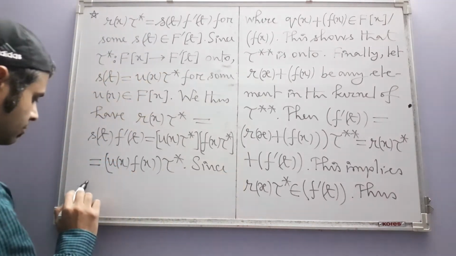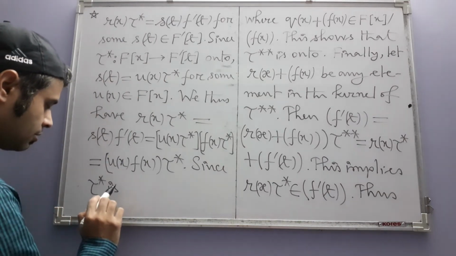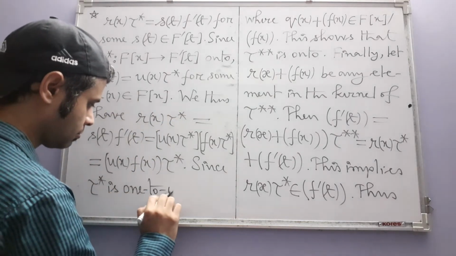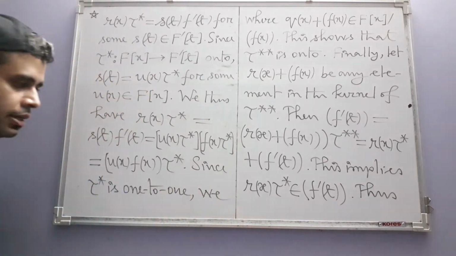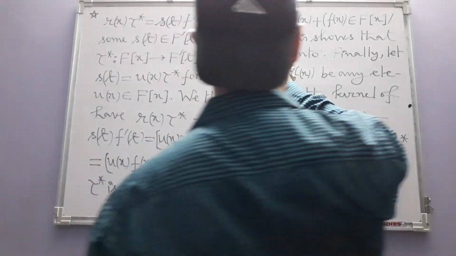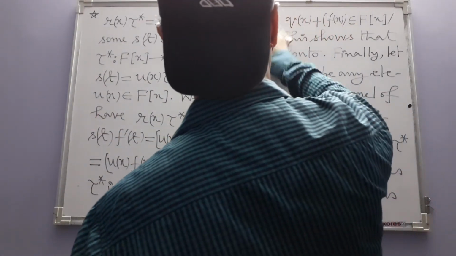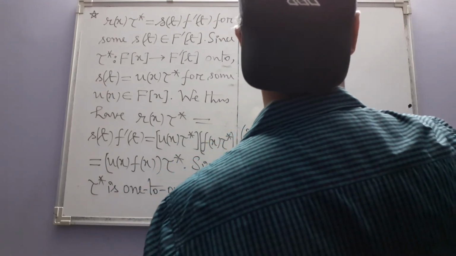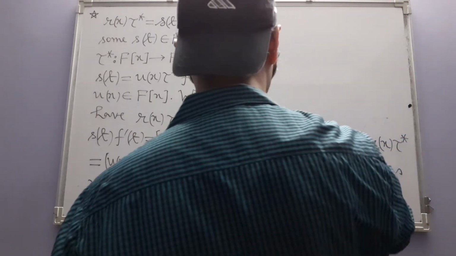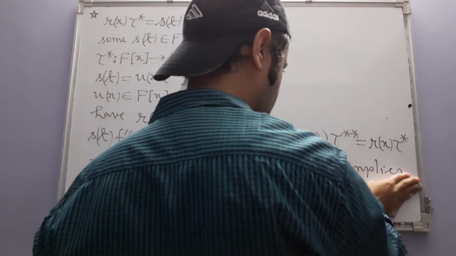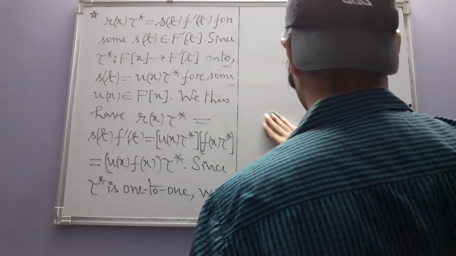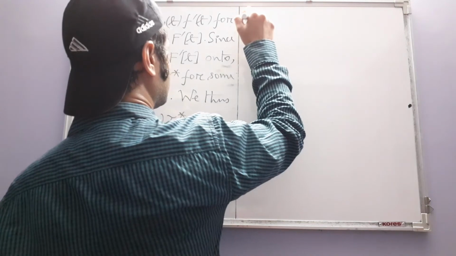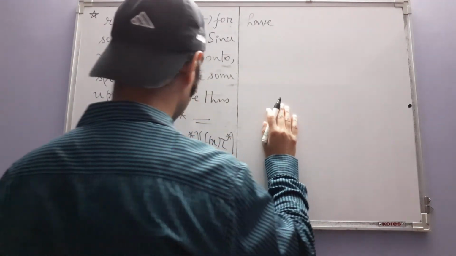Since this is 1 to 1. Onto we have already used. 1 to 1 we finally have, so we have what?